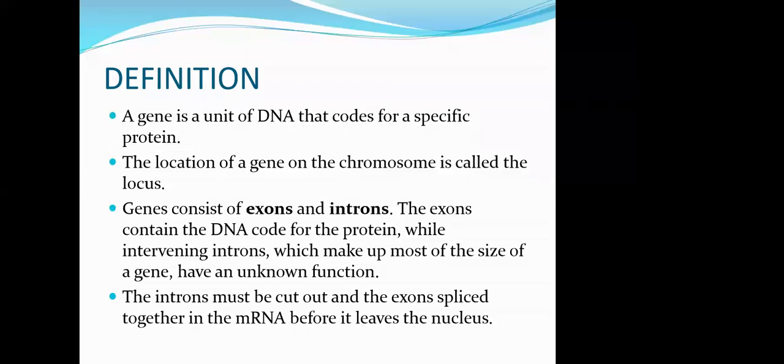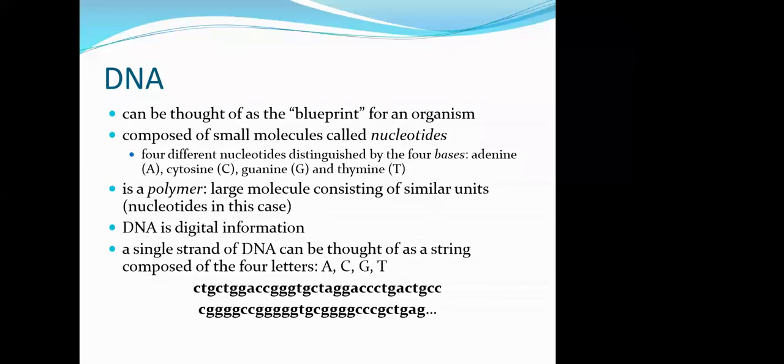So you have to remove these introns. You have to cut them out and put the exons together in the mRNA before it leaves the nucleus. So during all this process is when we can have things that are referred to as mutations.